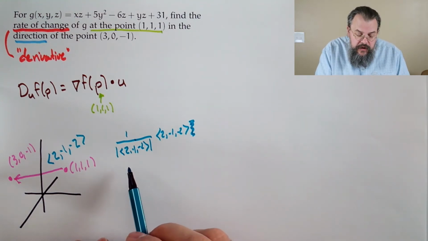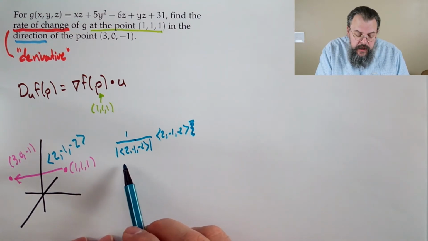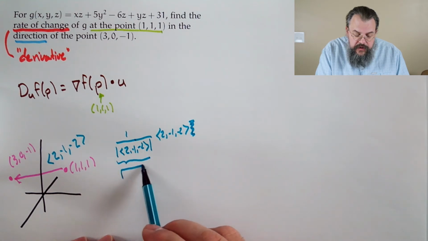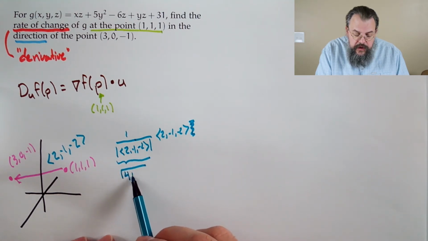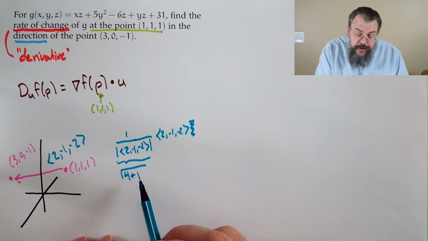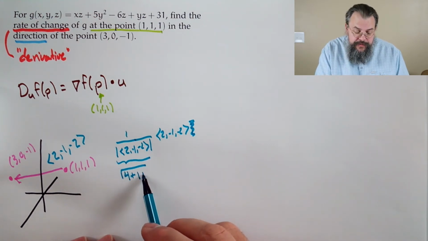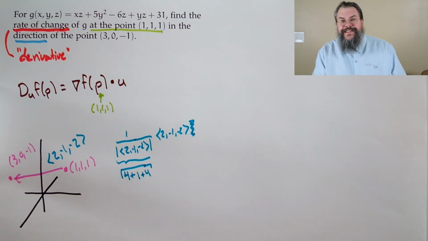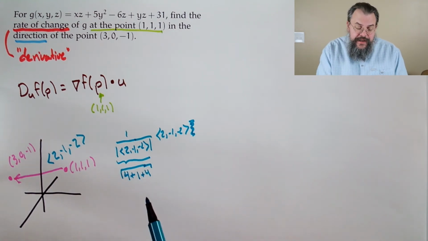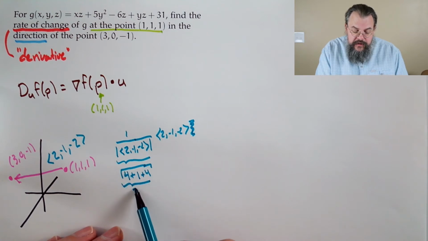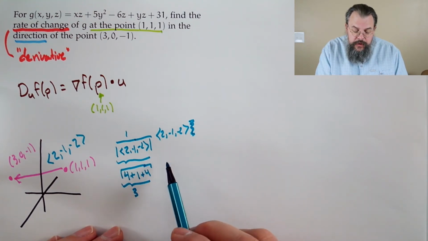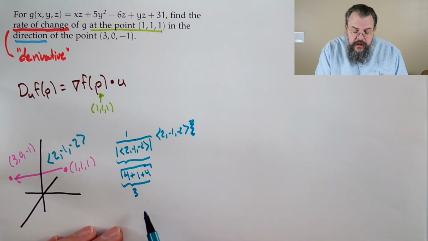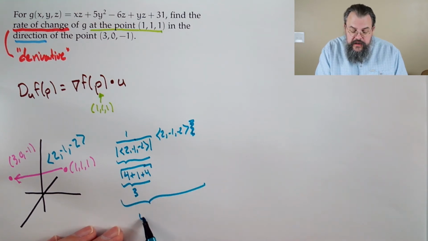Now in our case, the magnitude would be the square root of 2 squared is 4, negative 1 squared is positive 1, because you're squaring. Negative 2 squared is positive 4. 4 plus 1 plus 4, that's nice. That's the square root of 9, which means your denominator is 3. So we can come to the conclusion, lo and behold, that our vector u is 1/3 times 2, minus 1, minus 2.